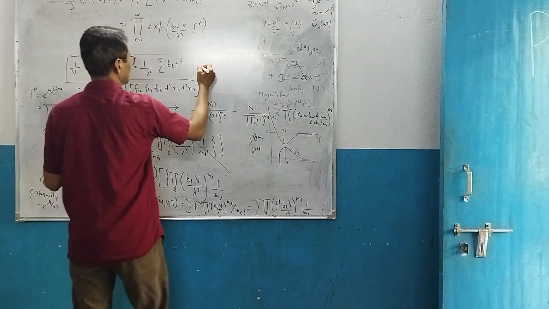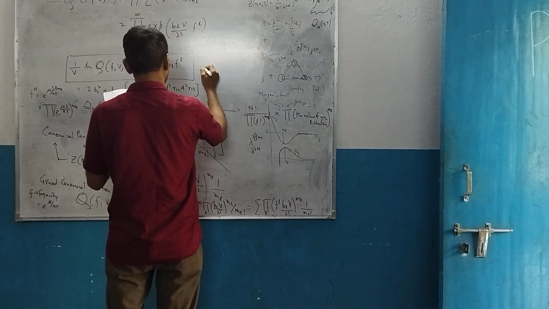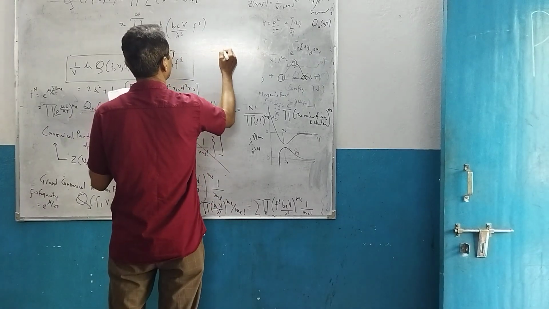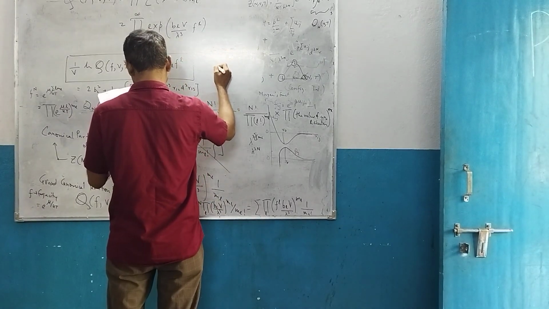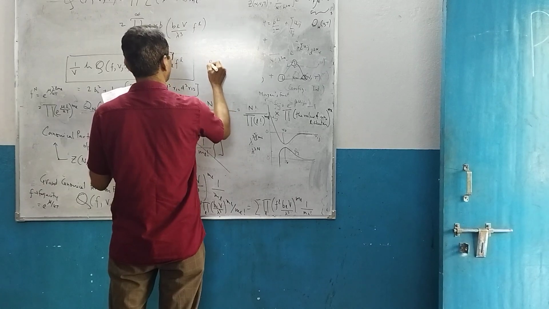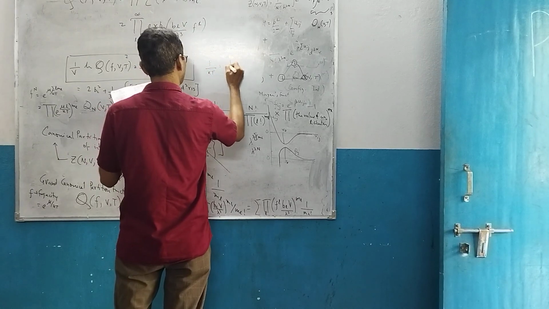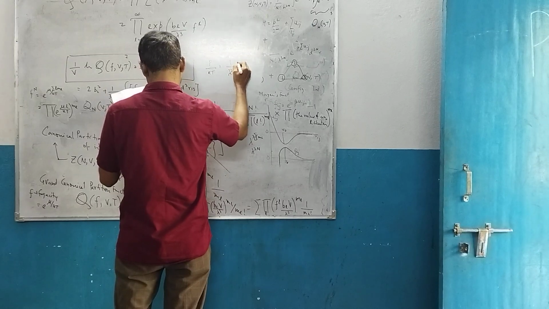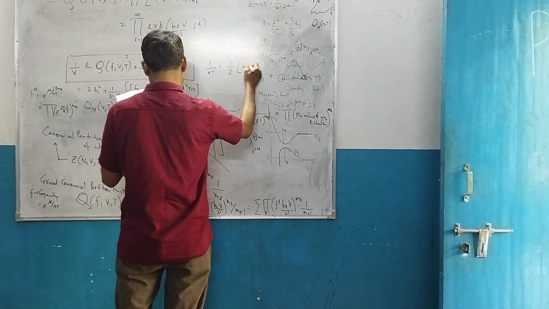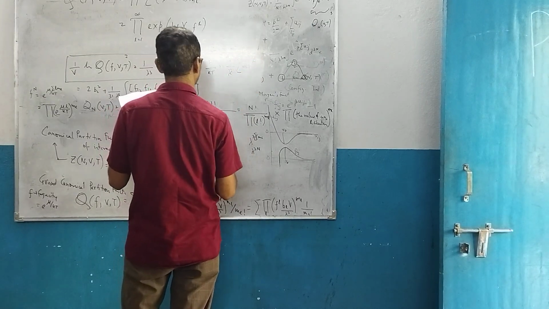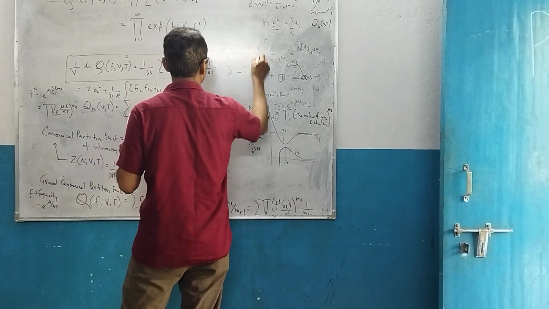This you can get easily from here. Another equation is, in the limit V tending to infinity, for infinite volume, one can write P by kT to be equal to 1 by lambda cube summation of l b_l f to the power l. This is another equation.